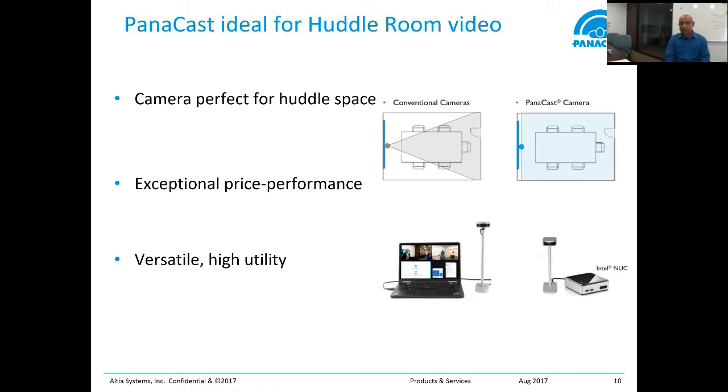So the remote site really gets to see the room dynamics, is able to read the body language, is able to see who's engaged, who's not. From that perspective, it is really helpful in making the meetings much more engaging, much more productive. Okay, fantastic.